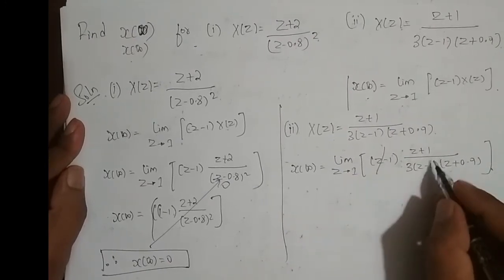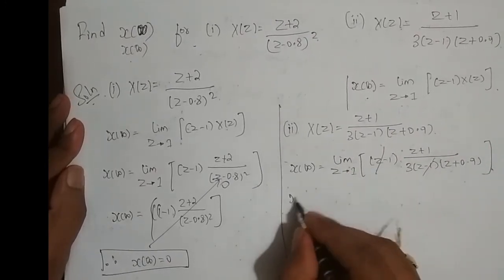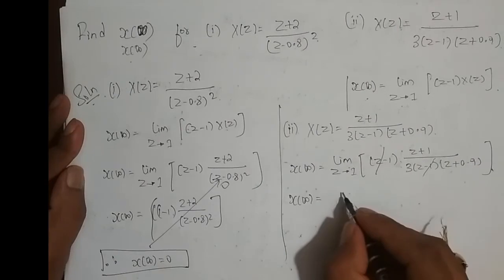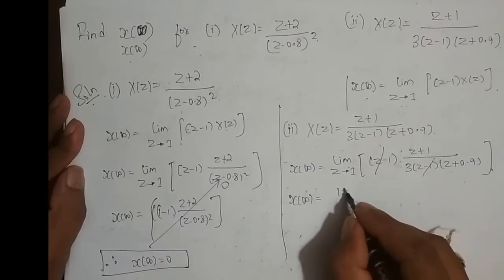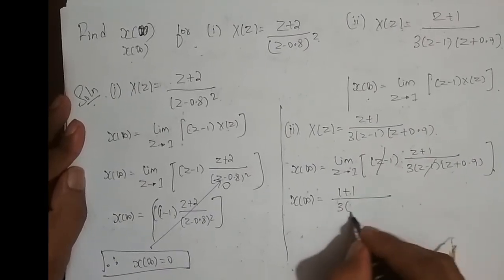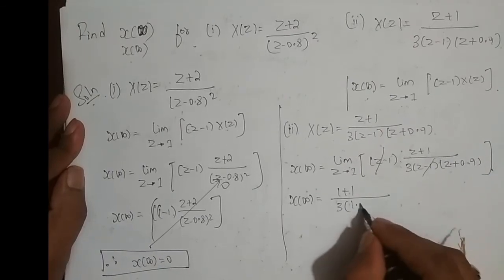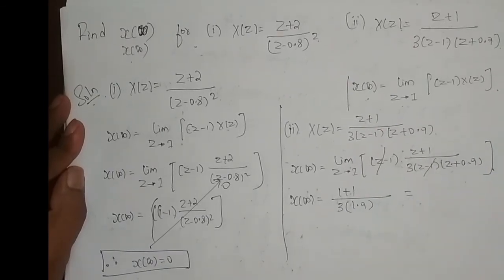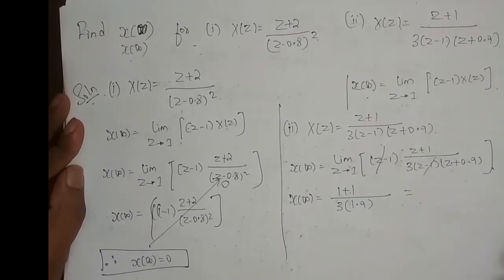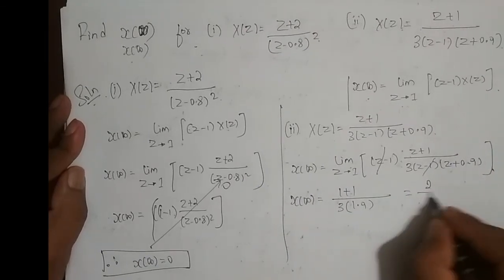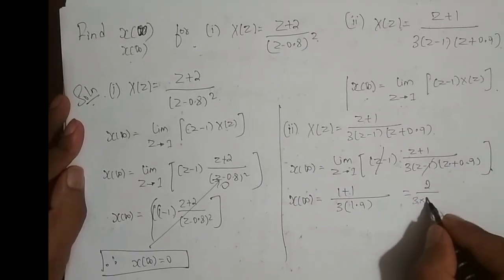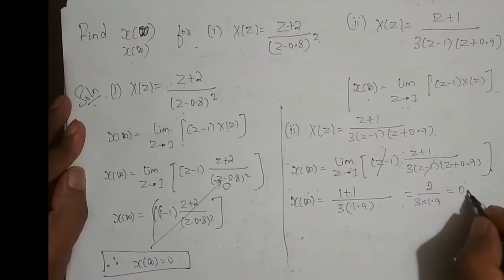So z minus 1 cancels out. If I apply the limit, x of infinity is equal to 1 plus 1 whole divided by 3 into 1 plus 0.9, which is 1.9. So this ends up with 2 divided by 3 into 1.9. This is 0.35.